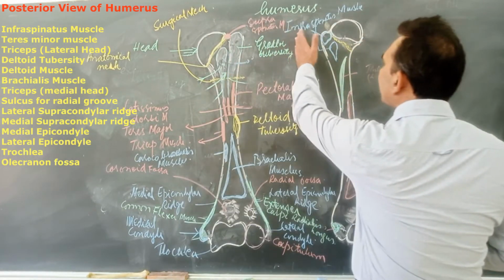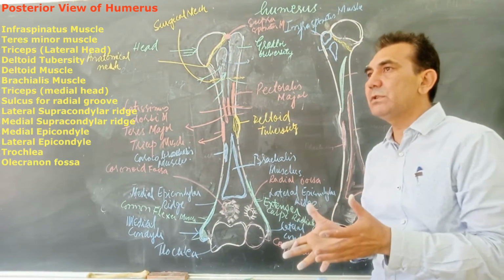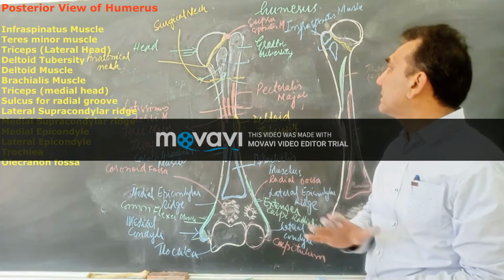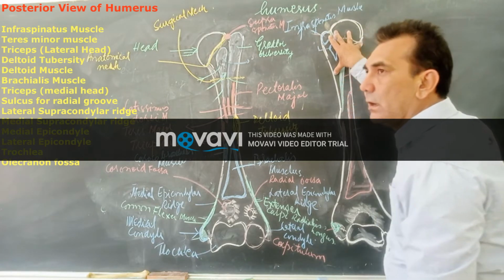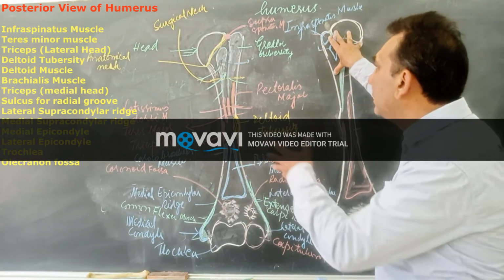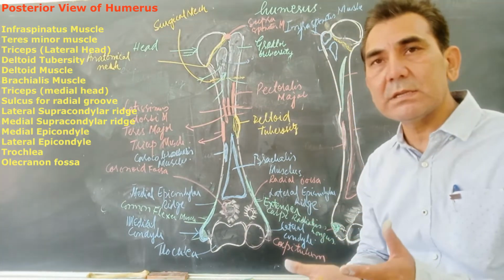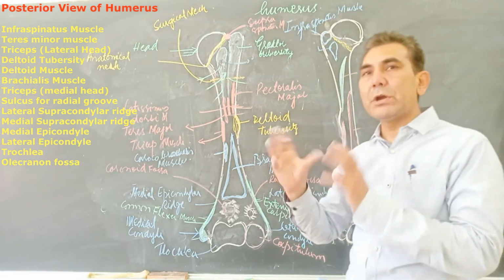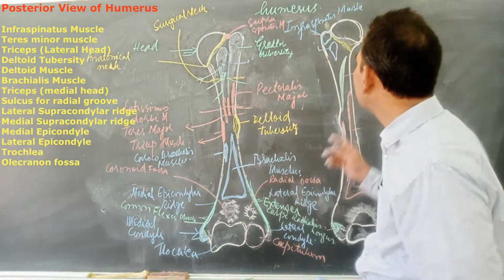These infraspinatus and supraspinatus muscles are two muscles which originate from the scapula and attach on the greater tuberosity of the humerus bone. They are rotator muscles that rotate the humerus bone.